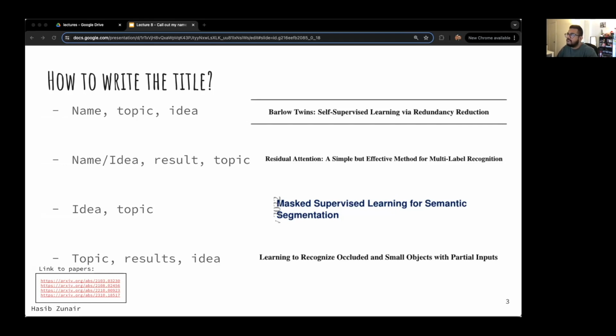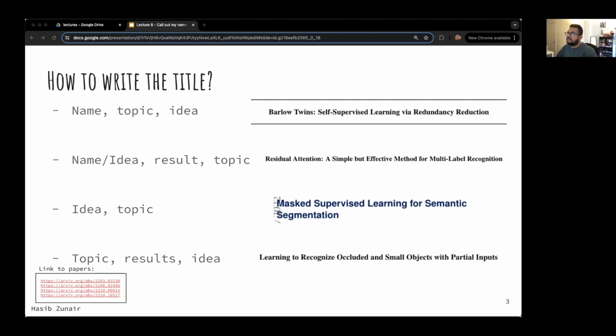And the other is residual attention, a simple but effective model for multi-label recognition. Here, the authors start with the name or idea, and this is followed by the result, where it says a simple but effective method, and then this is followed by the topic.